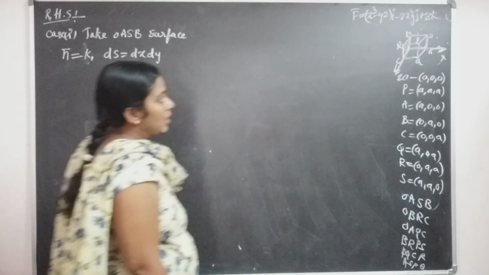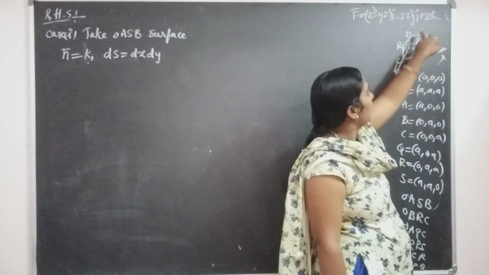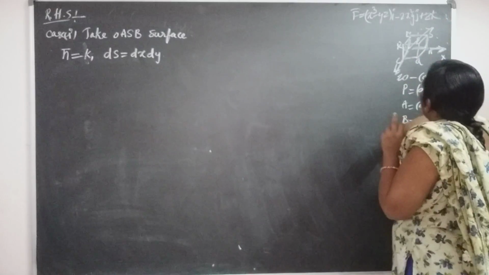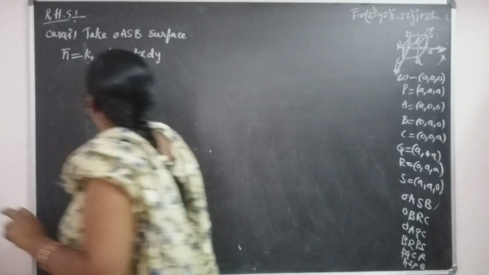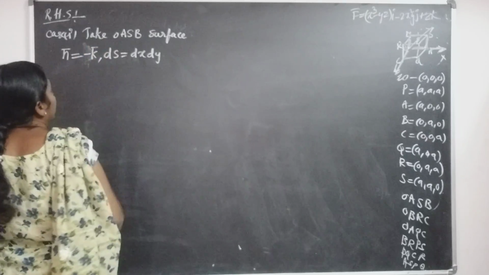Why? Because this surface is on the front side, but the outward normal vector points back, so n vector is equal to minus k vector.